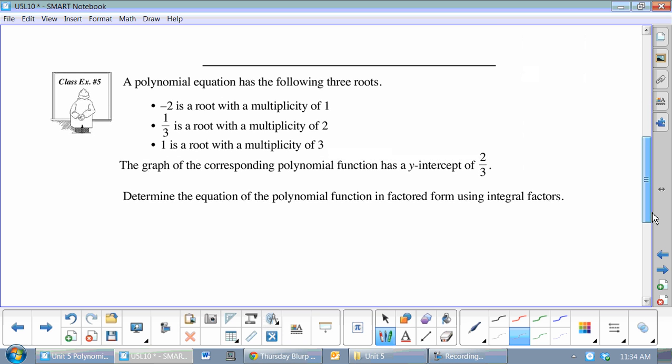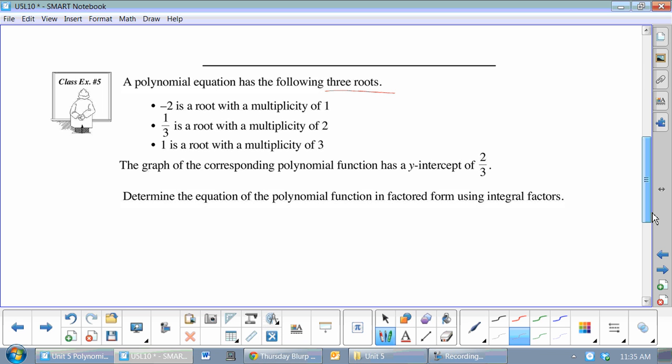So we're going to go right to example 5 because 4 is redundant. Example 5, here's the other way that they could give you a question. A polynomial has 3 roots. That means 3 x-intercepts. Now, negative 2 is a root with multiplicity 1. Let's translate that into small little math.